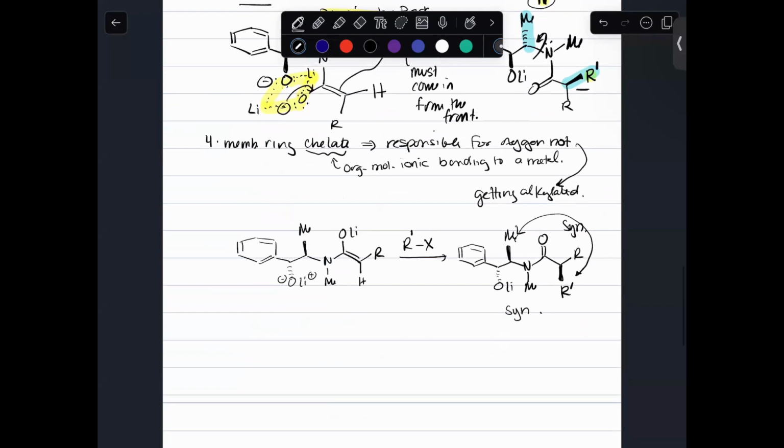Okay. So this is for introducing your alkyl group at the alpha position. Please notice that once you introduce your alkyl group, you still have an O lithium.